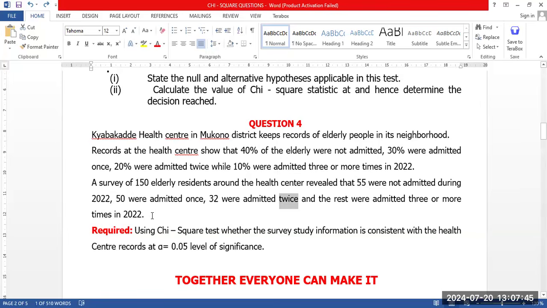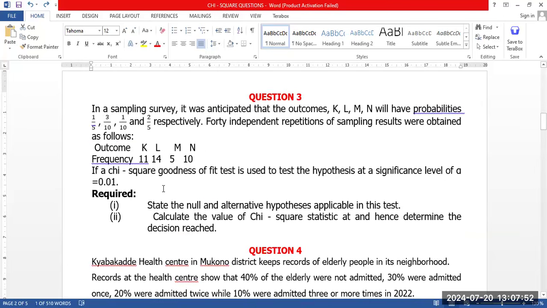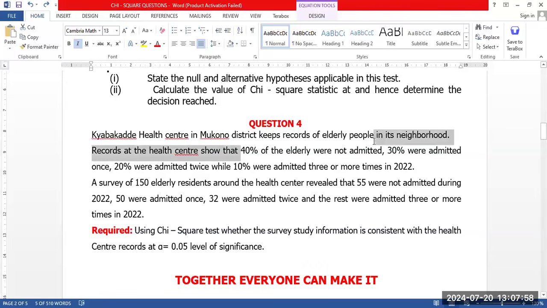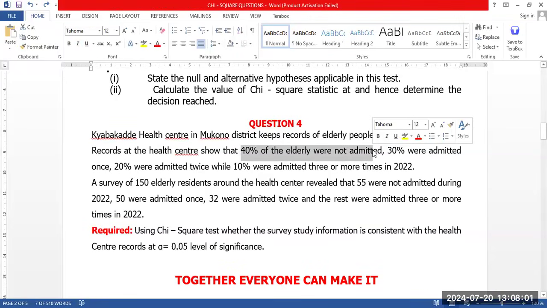So you see that actually it's about interpretation. In this question you were given probabilities; in this one you are given percentages, which is like the same.